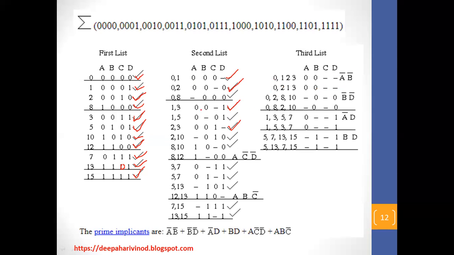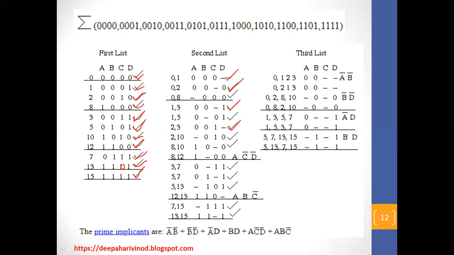0 0 dash dash. The same way 0 2 compared with 1 5. Can it be possible? No, it is not possible. 0 2 with 2 3 also it is not possible. 2 10, with 2 10, it is not possible. 0 2 with 8 10, it is possible.